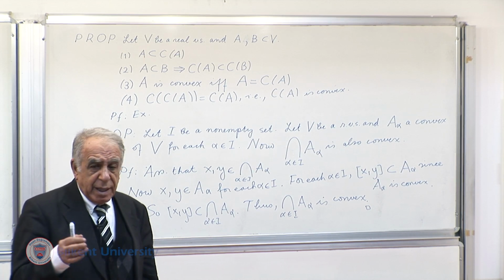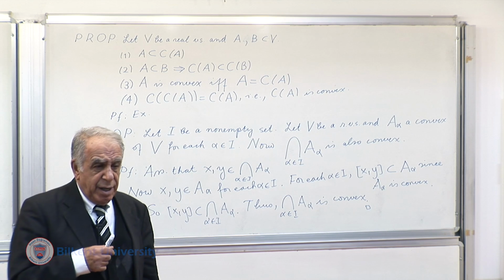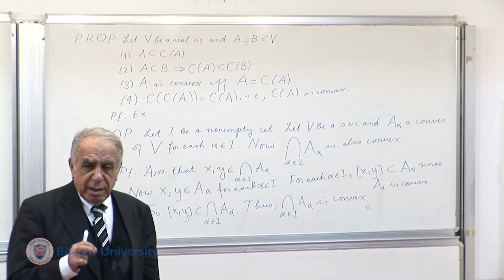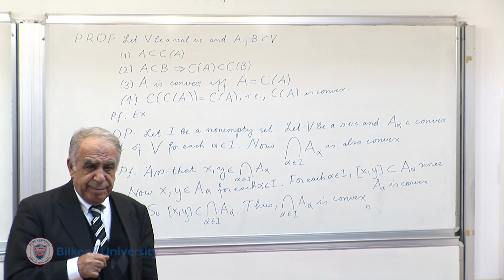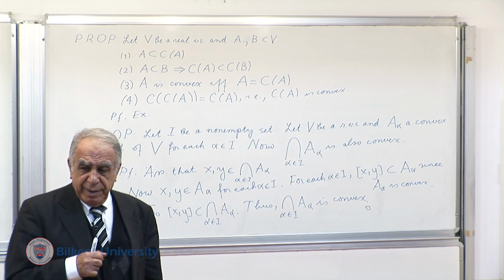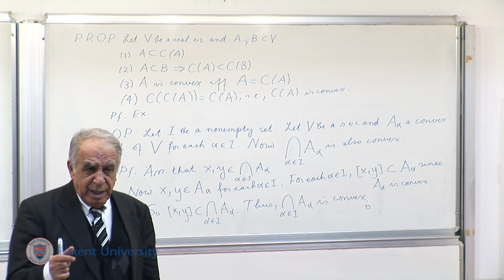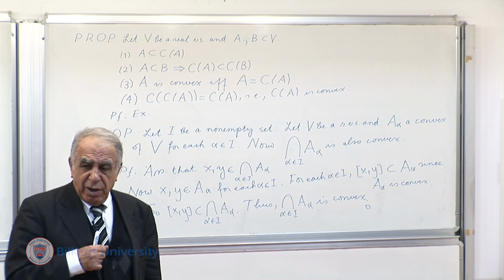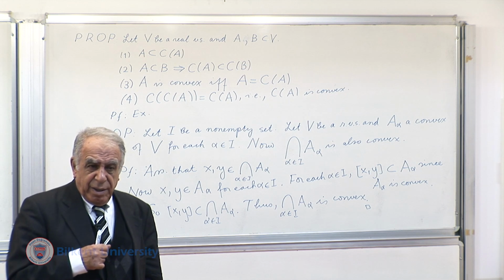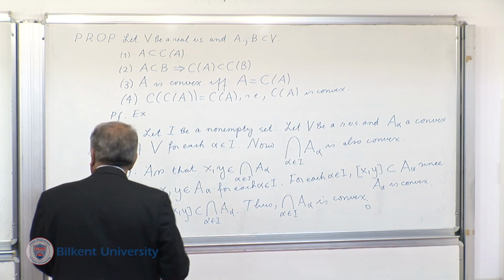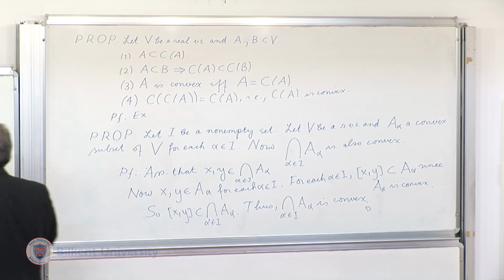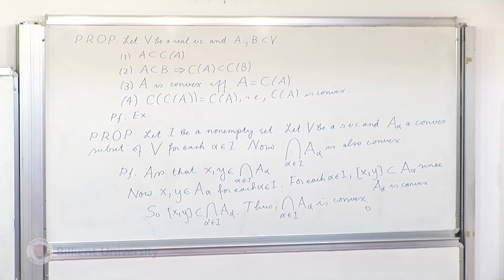In case it's not convex, you might be interested in the smallest subset of V, if any, which is convex and contains the given set. So according to this fact, we can define it as follows.